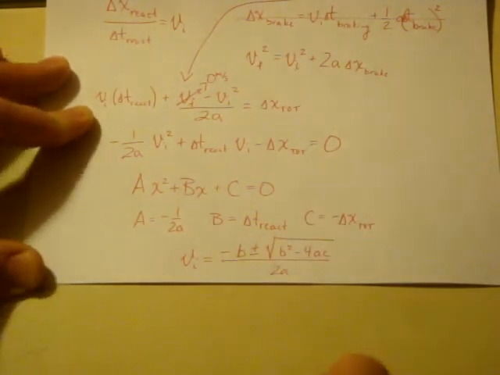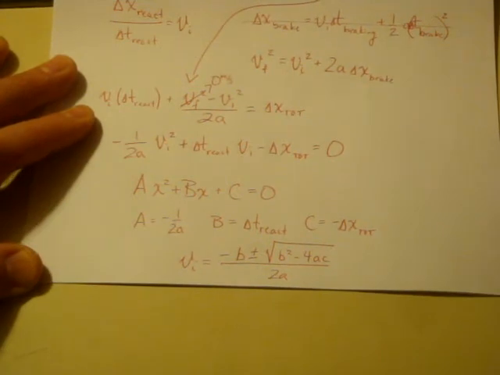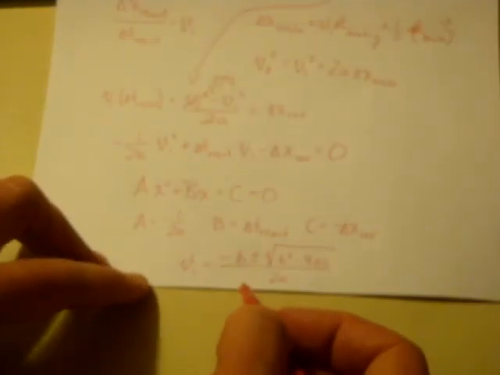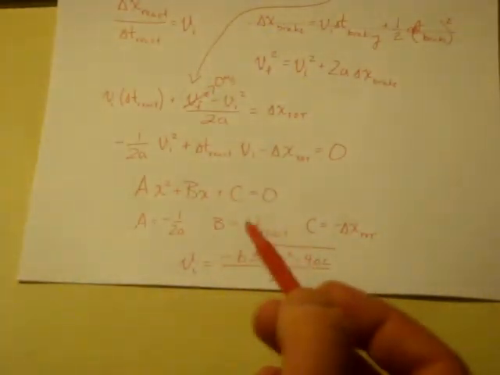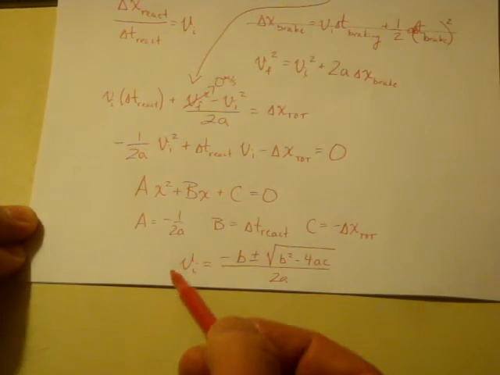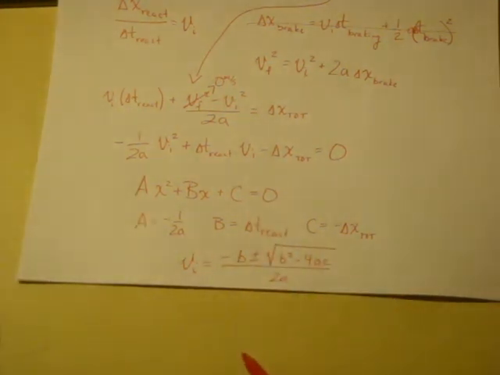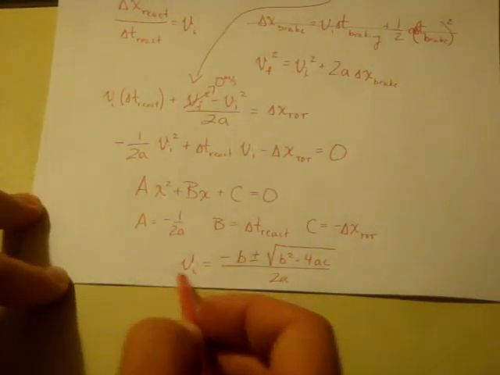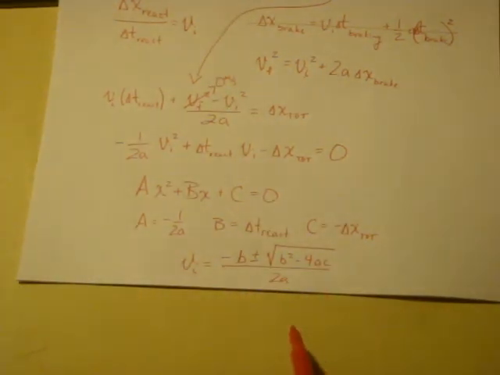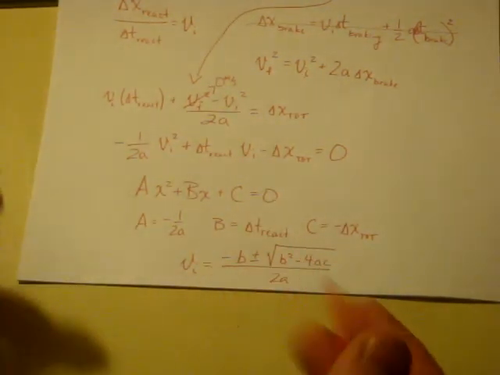That might not be perfectly correct, but I think that's right. It gives us two solutions for the initial velocity, and just plugging in all these values might seem kind of messy, but this is exactly the way we can do it. You could multiply everything by 2a and plug in those particular numbers. But once you reach this point, this is just mathematics. We plug in all the numbers, we get a particular numerical value, and that should work out.